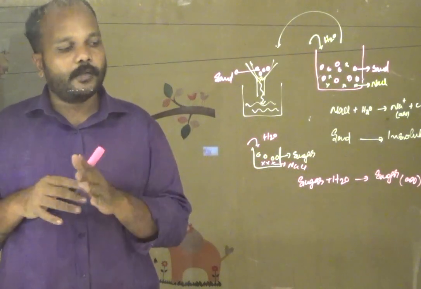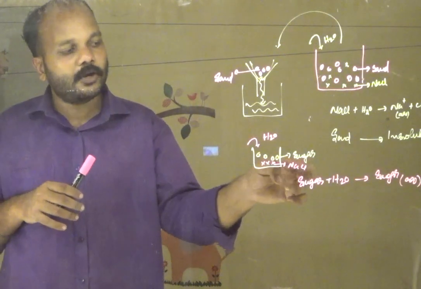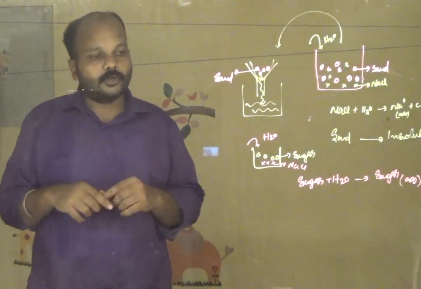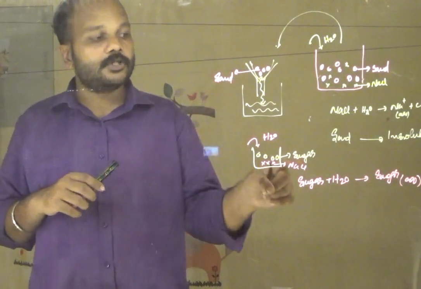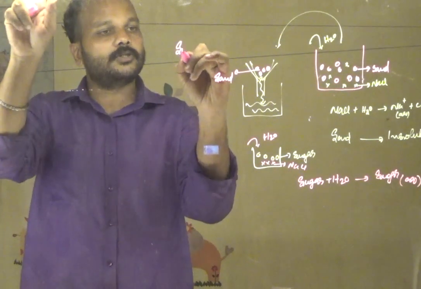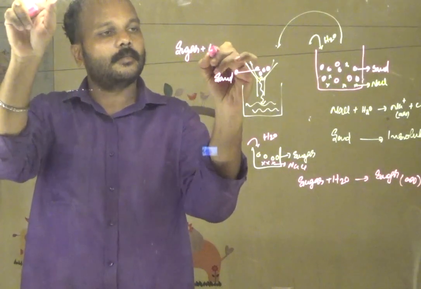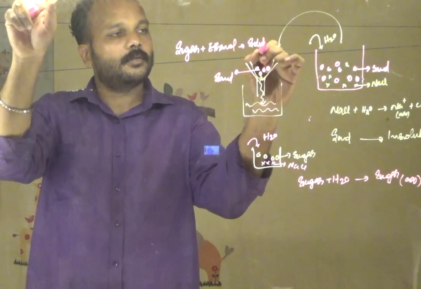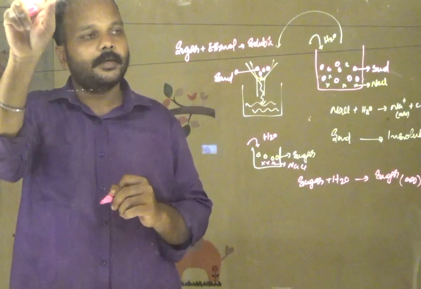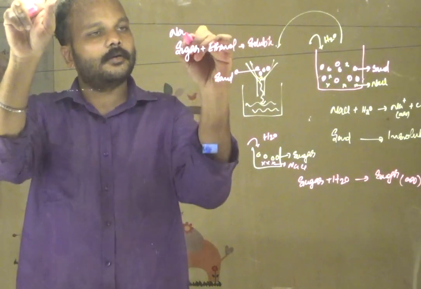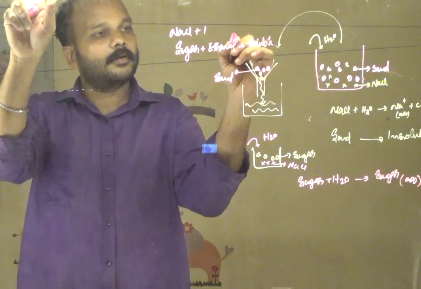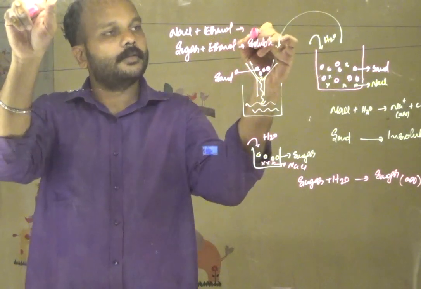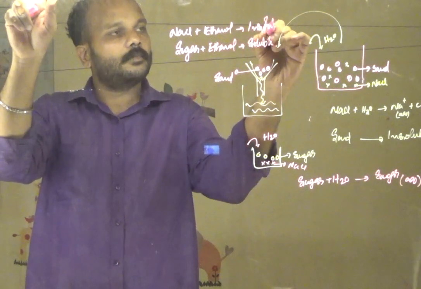Suppose you are using a solvent in which either sugar or sodium chloride should be soluble. So I used ethanol. Sugar is going to be soluble in ethanol, but sodium chloride is insoluble.